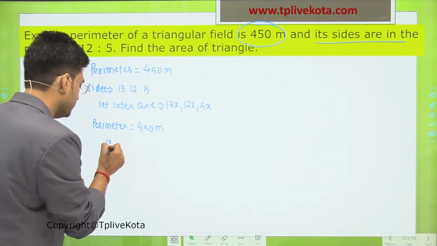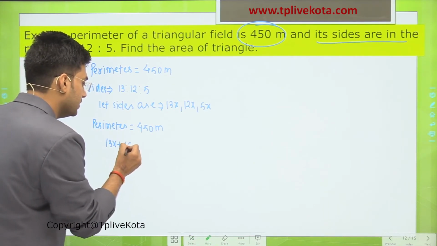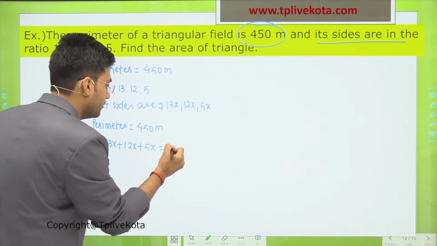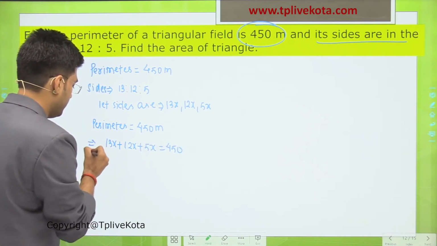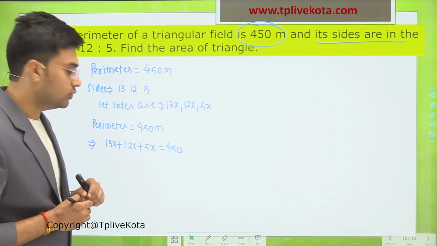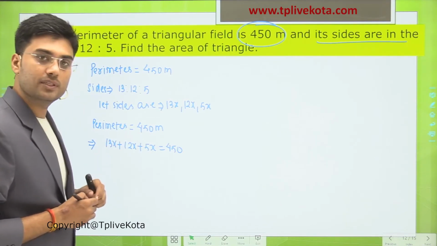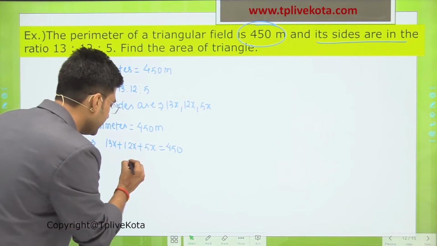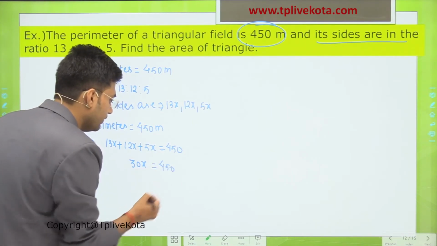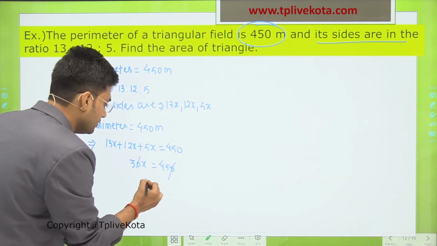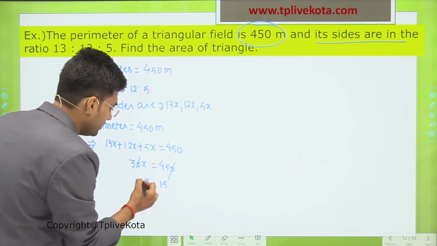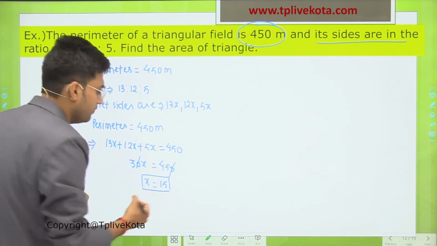So 13x plus 12x plus 5x is equal to 450. Clear? Now 13 plus 12 is 25, and 25 plus 5 is 30. So we can write it as 30x equals 450, 0 and 0 cancelled. So x is 15.